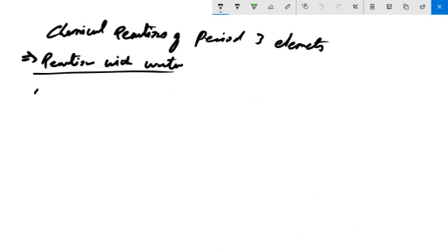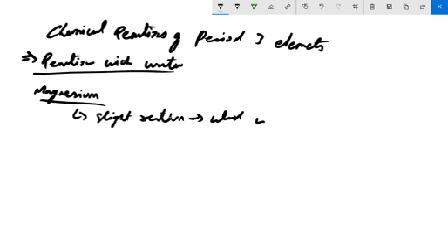Now if we react magnesium with water, the magnesium has a very slight reaction with cold water.